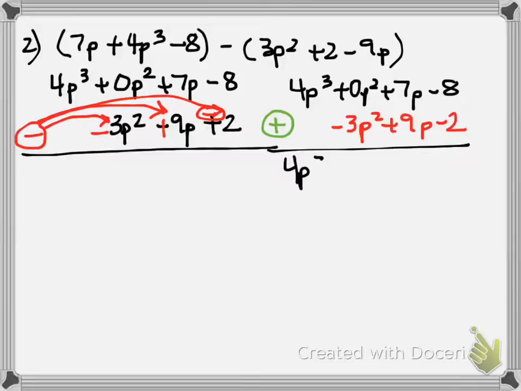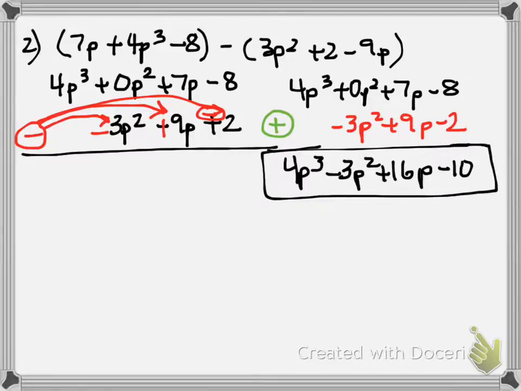The 4p cubed has nothing under it, so it just comes down. Here I have a negative 3p squared being added to nothing, so I get negative 3p squared. On the p's I have the same sign, so I add and I get 16p. And then I have the same sign on my constants and I get a negative 10. Would you like to see another example, or are we good?